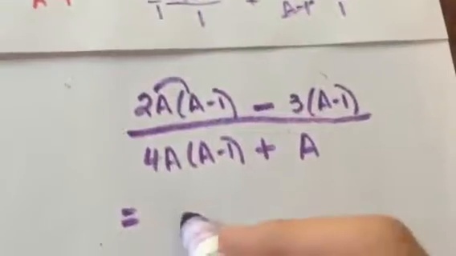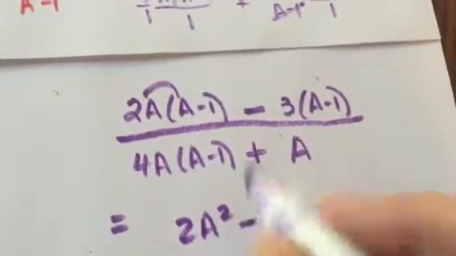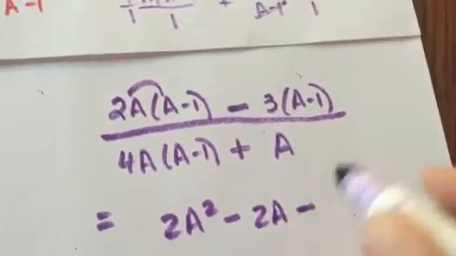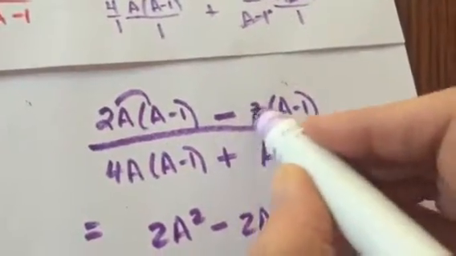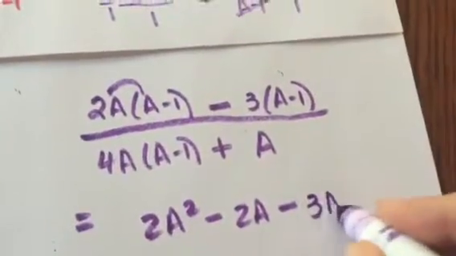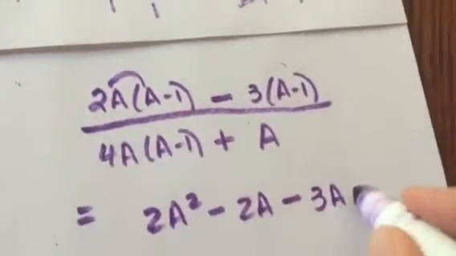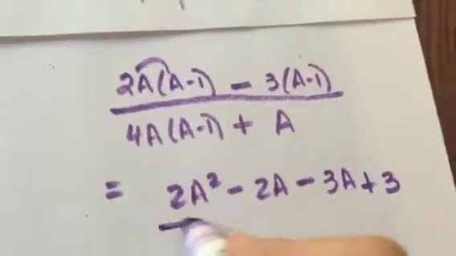Now it's just a matter of simplifying. 2a times a is 2a squared. 2a times 1 is 2a. That's a negative 3 times a, which is negative 3a. Be careful here, that's a negative 3 times a negative 1, which is going to be a positive 3.